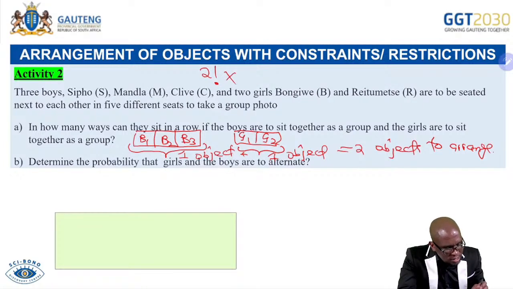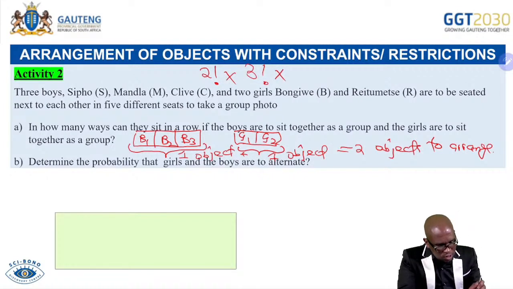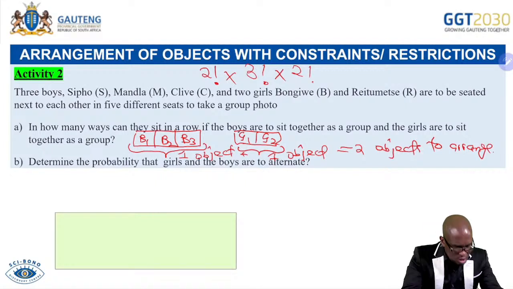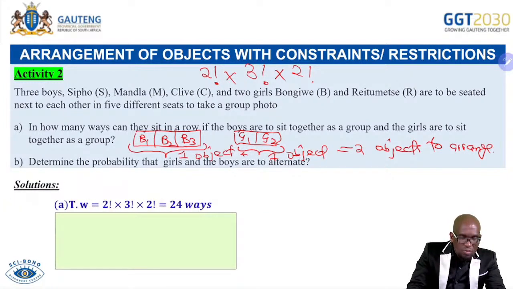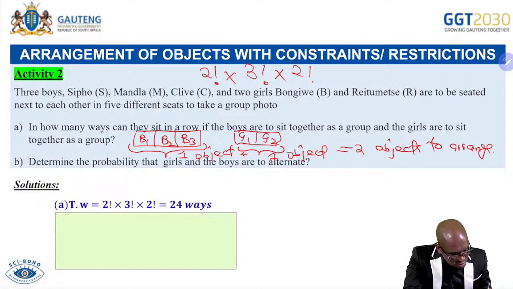However, the boys can interchange position. Because it's 3 boys, they can interchange position, 3, 2, 1. They can do that in 3 times 2 times 1, 3 factorial ways, times the girls also can interchange positions, and they can do that in 2 factorial ways. So the total arrangement would be 2 times 3 factorial times 2 factorial.